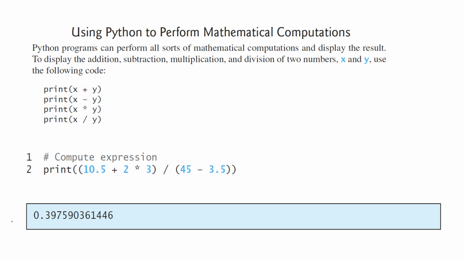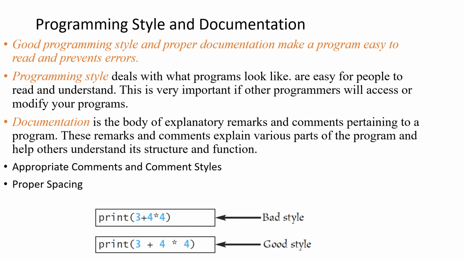You can use these variables with the help of mathematical operators within print functions. Print of x plus y, so you can perform addition. Print of x minus y for subtraction. Print of x star y for multiplication. Print of x by y for division. Like that you can perform mathematical computations using the print functions.